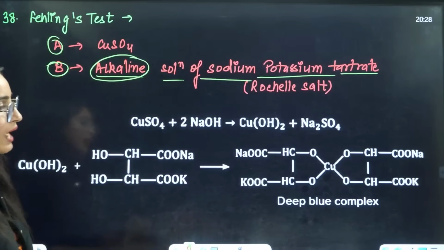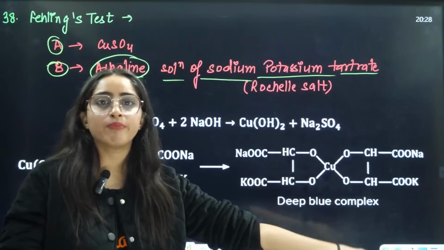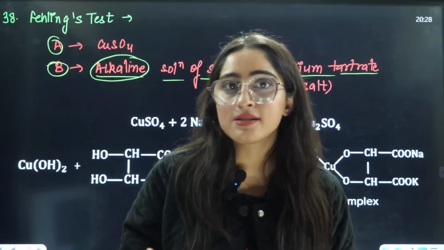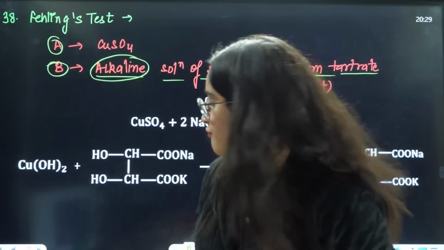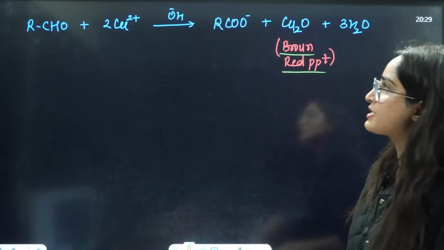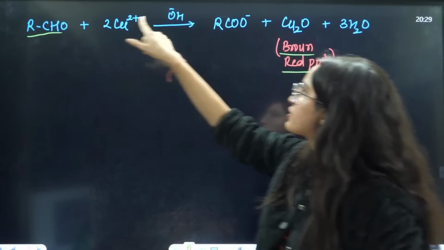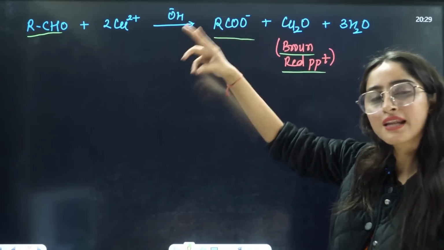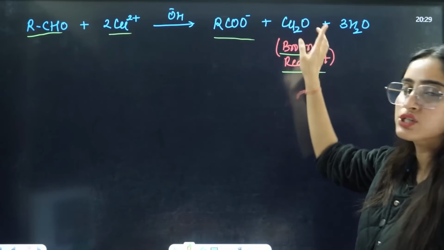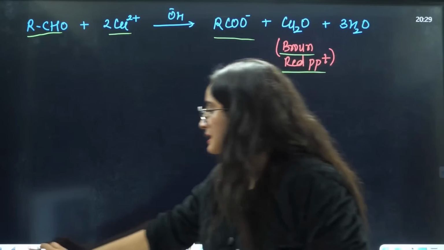Now guys, this gives you a deep blue colored complex when we mix Fehling A and Fehling B together, right? After this the deep blue color will change into brown red precipitate, because it will oxidize the aldehyde RCHO into RCOOH, and it itself will be converted into Cu2O precipitate. That will be brownish in color, right?